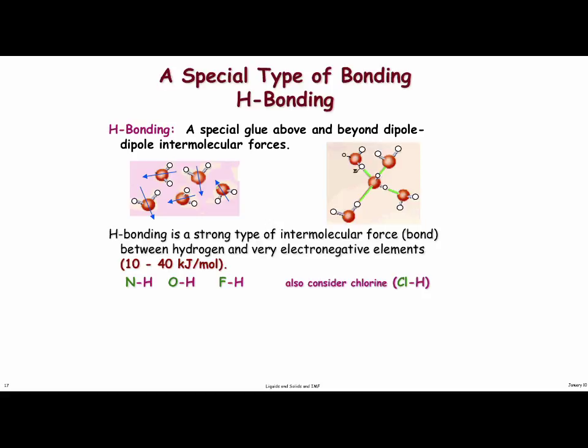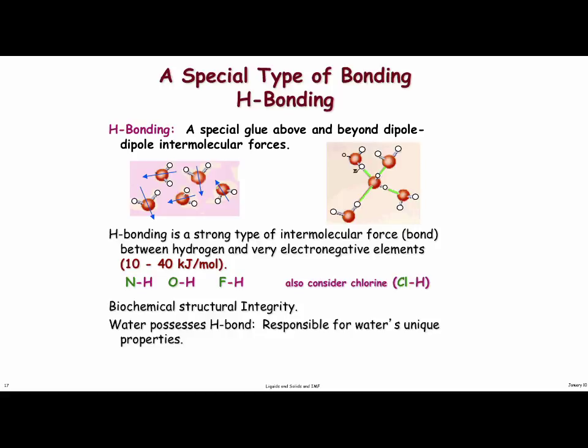And it only occurs when hydrogen is attached to nitrogen, to oxygen, or to fluorine. Why? Because these atoms are highly electronegative, likewise with chlorine. They're highly electronegative because they have a lot of protons relative to their electrons in the valence shell, and they tend to be small. They add an extra 10 to 40 kilojoules per mole of energy in terms of intermolecular force.